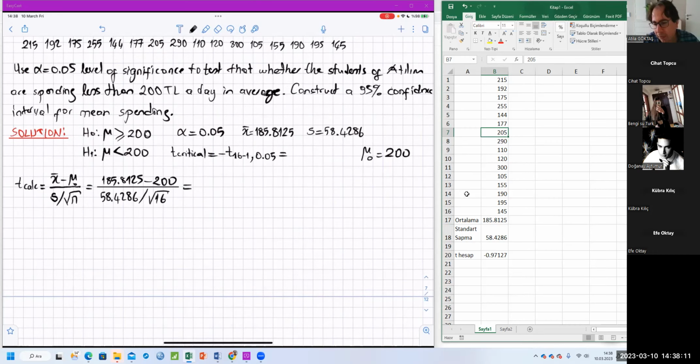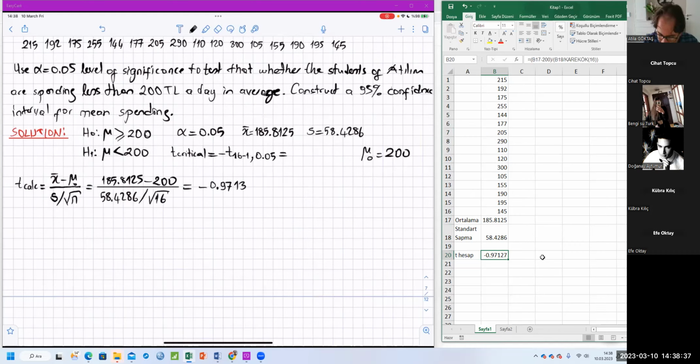This is also calculated in Excel automatically, but if there is something wrong, you may fix it yourself at home. In my calculation, this is minus 0.9713. I prefer to write 4 decimal places, which will be enough for me.